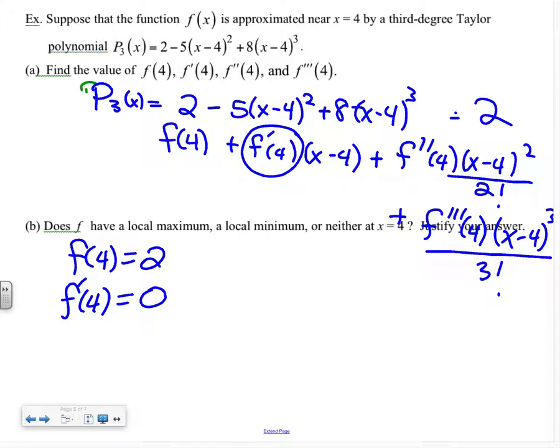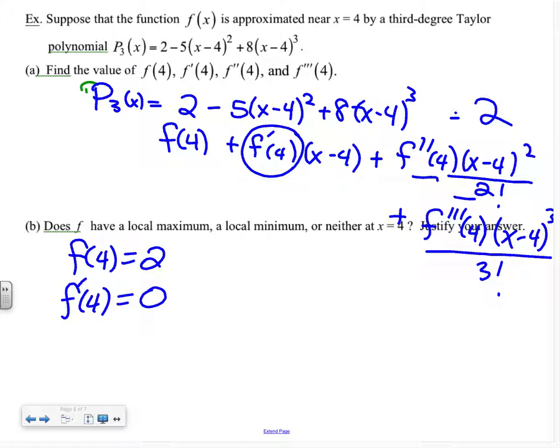Now, the second derivative goes with the squared term, so it'd be this one right here. Compared with the formula, the second derivative over 2 factorial would be the number out front.